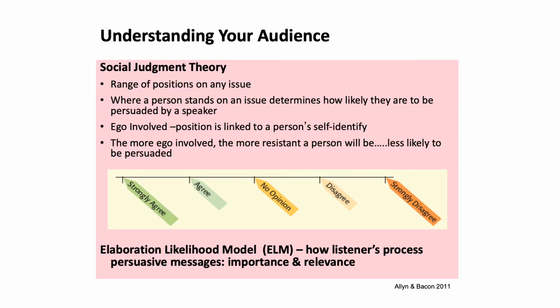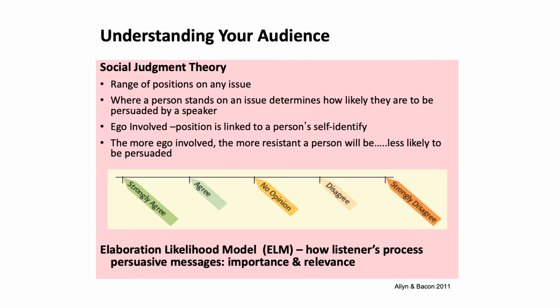The last thing you're going to learn a little bit about is your audience. You always need to try to understand your audience. We learned about audience analysis previously, but when it comes to persuasion, it gets a little bit more detailed. So you're going to find a couple of things in your chapter. Social judgment theory is discussed, and basically it tells us that there are many positions on an issue. It's not necessarily just for or against, or agree or disagree.